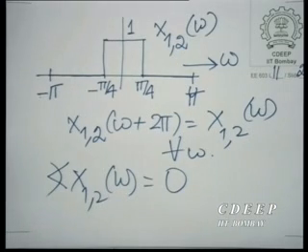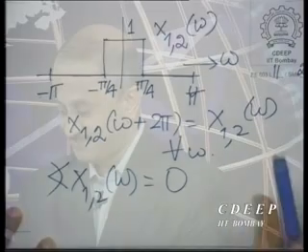Let us find out the inverse discrete time Fourier transform of this. Alright. Now, of course, how do we find out the inverse discrete time Fourier transform? We multiply this by e raised to the power j omega n and integrate over omega from minus pi to pi. Simple.